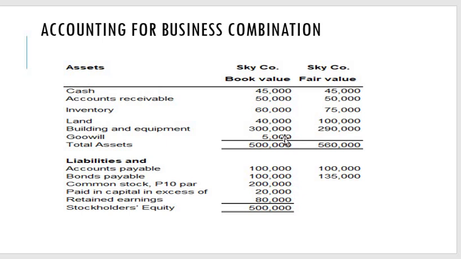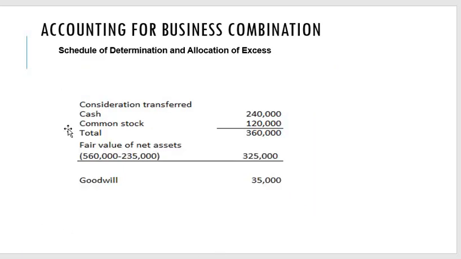goodwill. Okay, so the computation of our goodwill: the consideration transferred is cash, that's 240,000, and then the fair value of the shares, that's 10,000 times 12, that's 120,000. So the total consideration is 360,000. Then we have the fair value of our net assets.